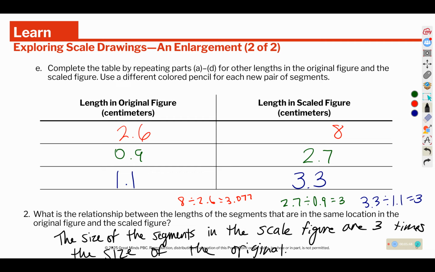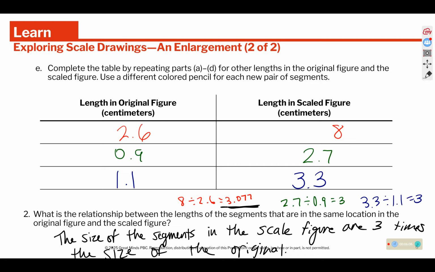And you may notice that this one didn't come out to exactly 3, which could be an error in our measurement, like maybe we were approximately a tenth off, or it could be just that the picture is slightly mistaken.